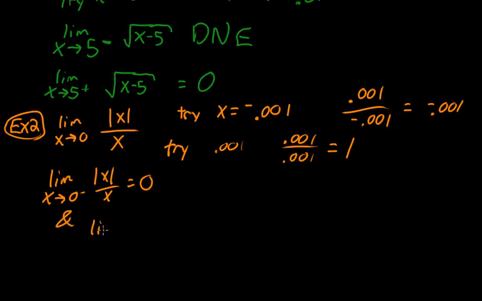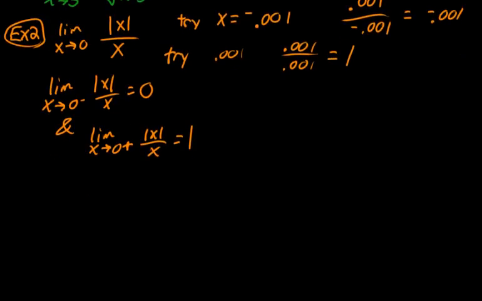And the limit as x approaches 0 from the right of the absolute value of x divided by x equals 1. So these are limits that have different sides. They're one-sided limits, because whenever we approach from each side, it is not an equal number.